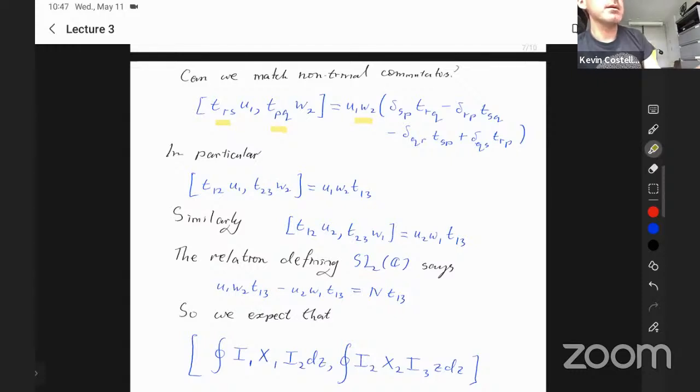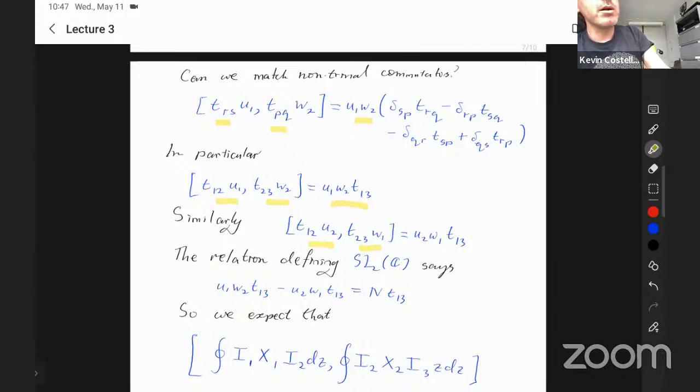In particular, if I specialize these indices to particular values, you find [T12 u1, T23 w2] is u1 u2, u1 w2 T13. Similarly, [T12 u2, T23 w1] is u2 w1 T13.